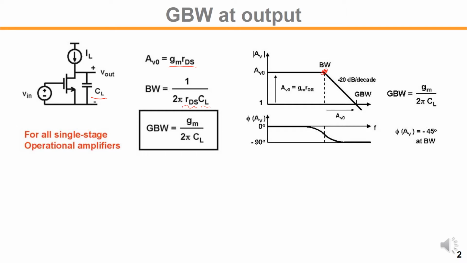Since this is one pole at the output, it will go down by minus 20 dB per decade. This is called the single pole roll-off.